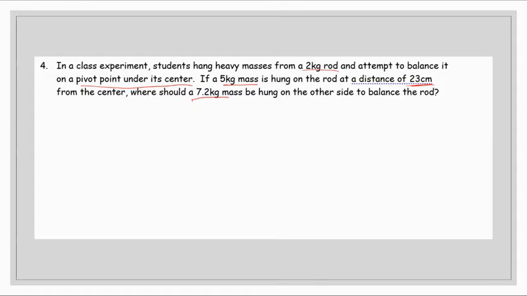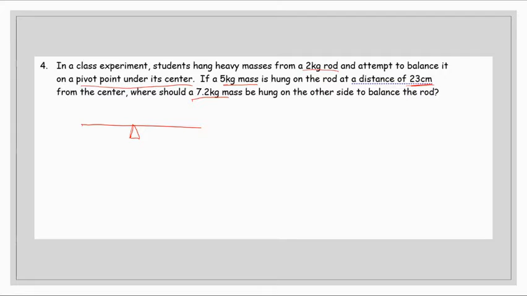So we have our rod, okay, and our pivot is at our center. So at that point, that's where the weight of the rod is going to be. So in this case, that's not going to add to our torque.